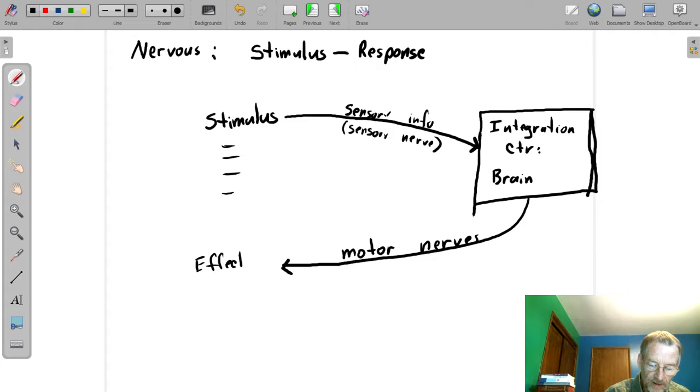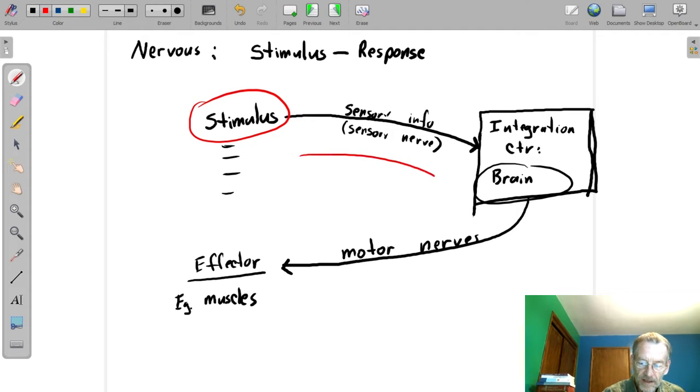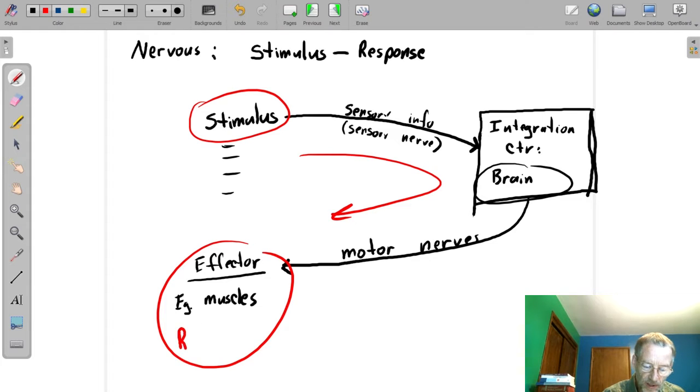Effector is a general term for what's causing the effect. Typically, for example, the effectors are muscles, and they move in a coordinated fashion as controlled by the brain. So you have this loop. Now you have the stimulus, and then this loop, and then you have our response.